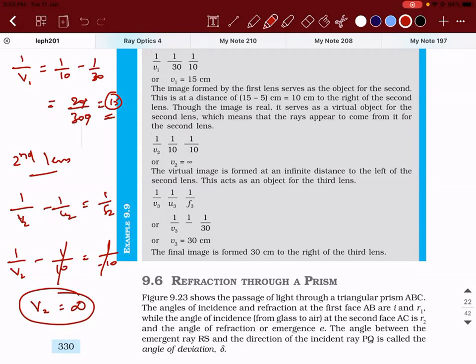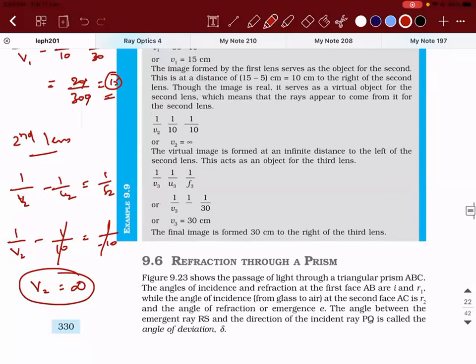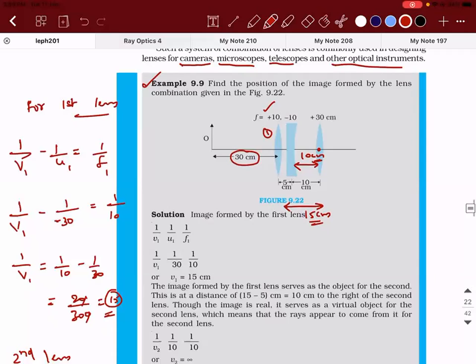Did you understand till this step? Yes, sir. Okay. When V2 is at infinity, the image due to the second lens is formed at infinity. So with respect to the third lens, where is the object placed? At infinity.